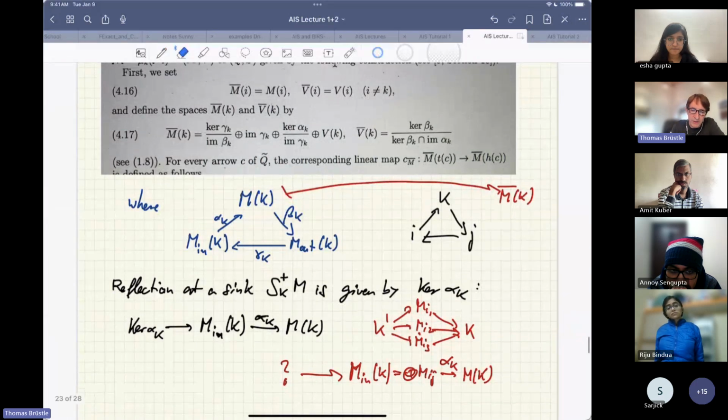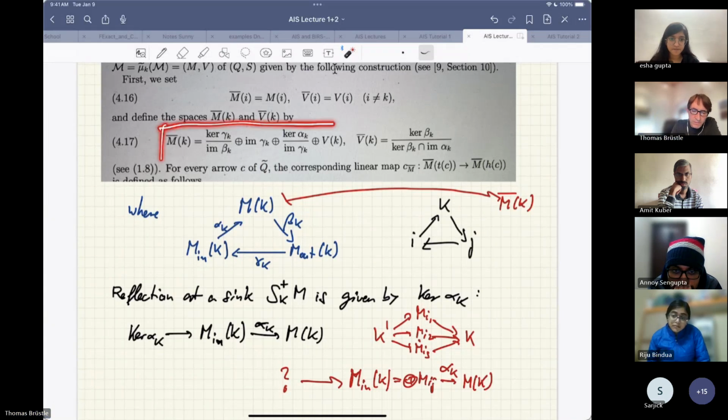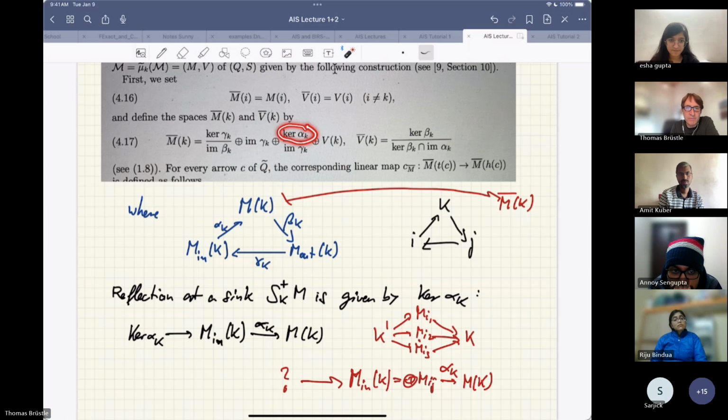And how do they compute M bar K? Good. Here's the formula. This is how you compute the new vector space at the vertex K after you mutate it at K. Okay, so there's good news. You still see the kernel, yeah?